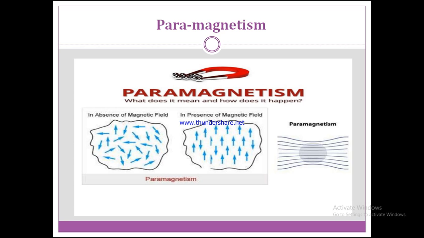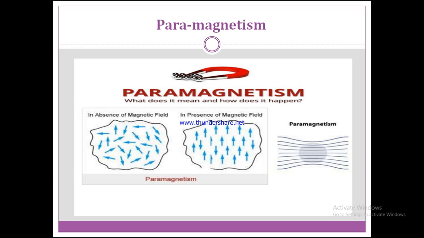Those materials which exhibit a small positive magnetic susceptibility in the presence of a magnetic field are called paramagnetic materials, and the same effect is termed paramagnetism.